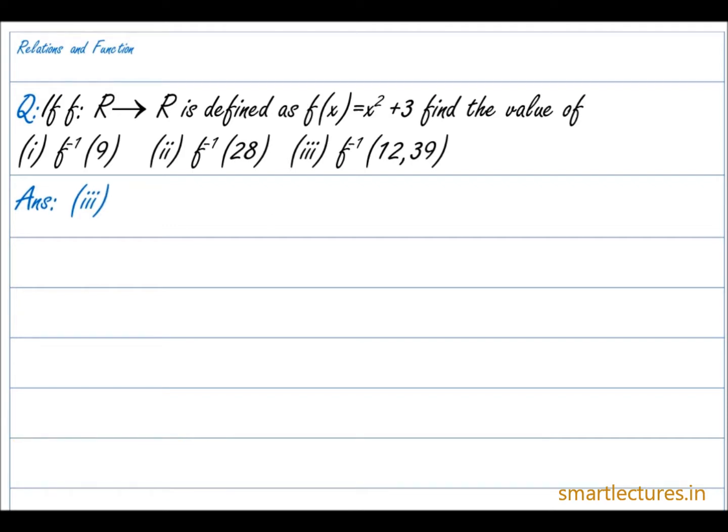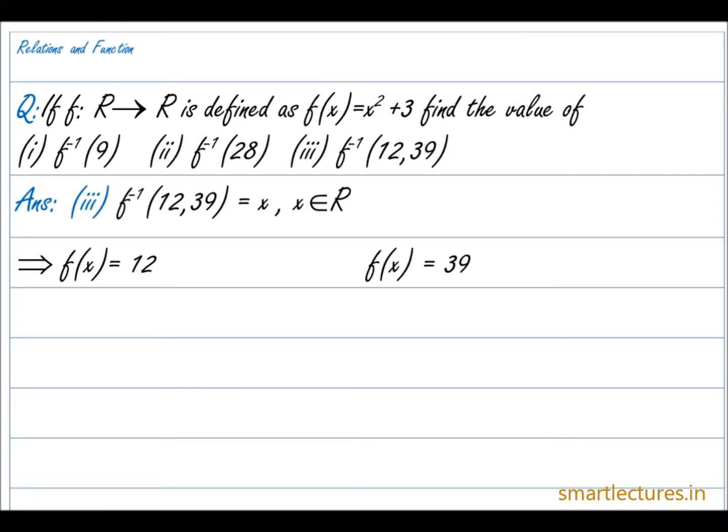Now let's find the value of f inverse of 12 and 39. Now suppose f inverse of 12 and 39 is equal to x, where x belongs to R. So that means f of x is either equal to 12 or it is equal to 39. So we can write f of x is equal to 12 or f of x is equal to 39. And then that becomes x square plus 3 is equal to 12, or x square plus 3 is equal to 39.